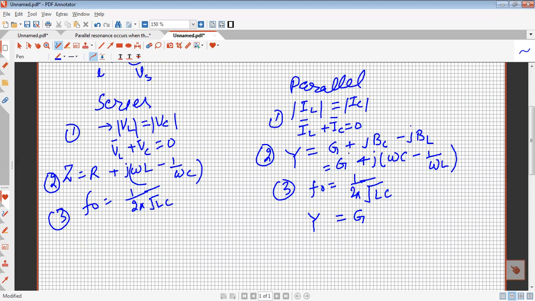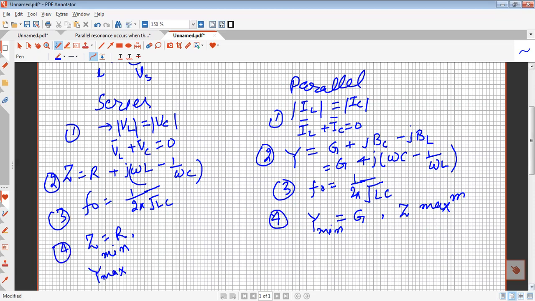So its value will be minimum, Y will be minimum here. When Y is minimum, Z will be maximum, because Z is 1 by Y. Here Z equals R, which is the minimum value. Here Z is minimum, here Z is maximum; here Y is minimum, but there Y will be maximum, the opposite. So this is the fourth point.